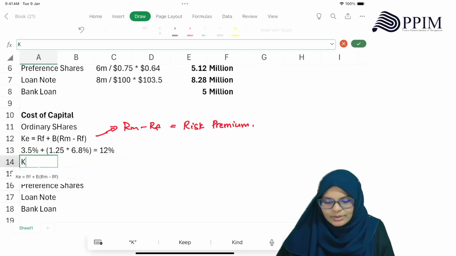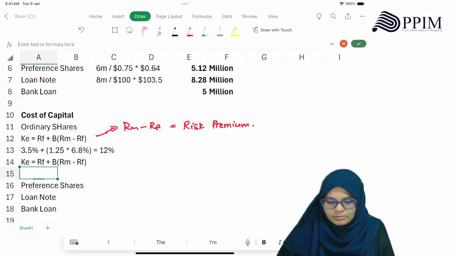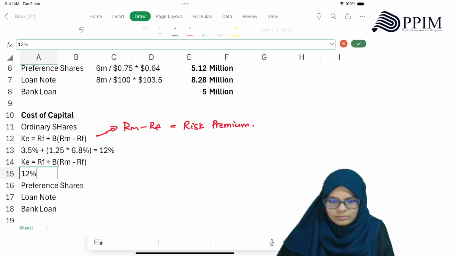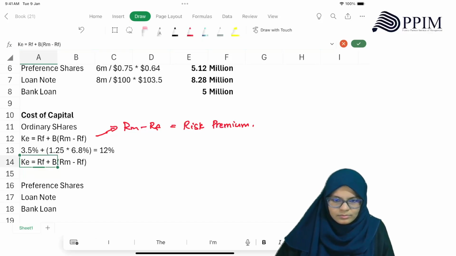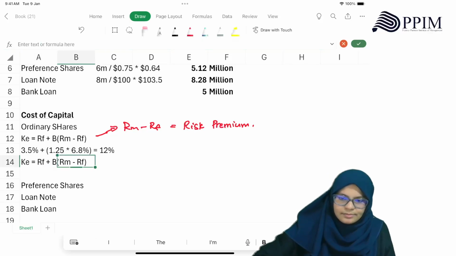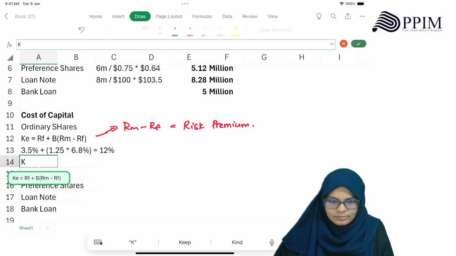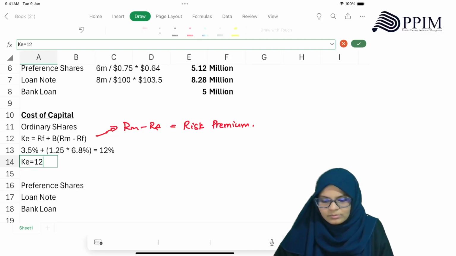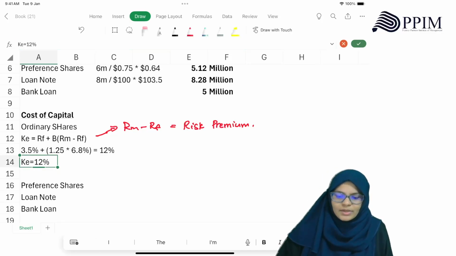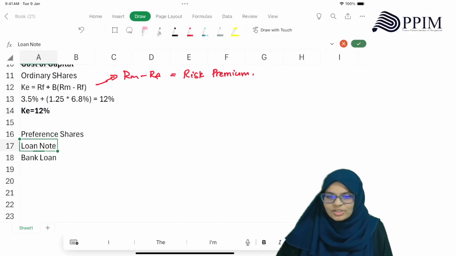Okay, so let me just put KE equals to 12%. Okay, so I'll bold that because I need that figure. Okay. So next let's do preference shares.